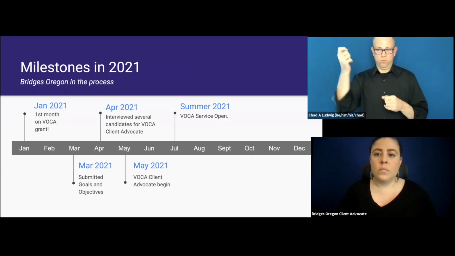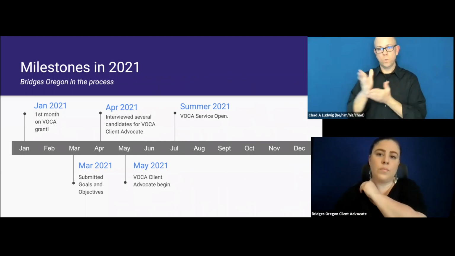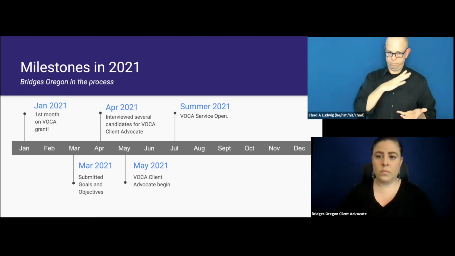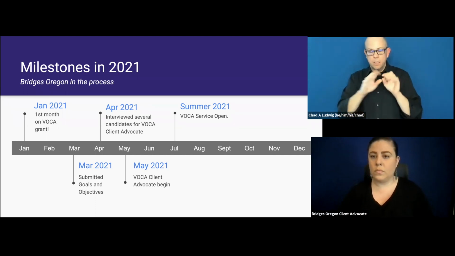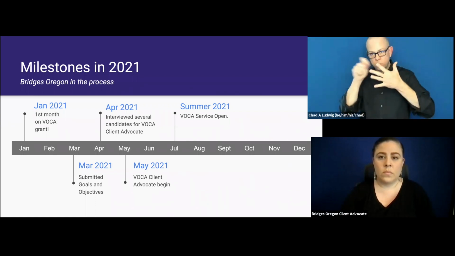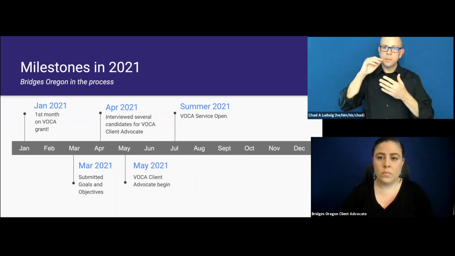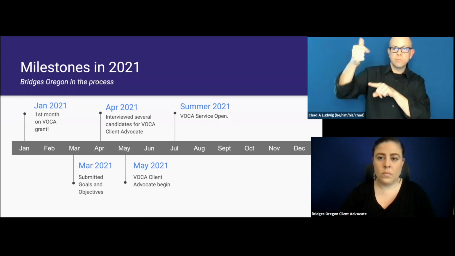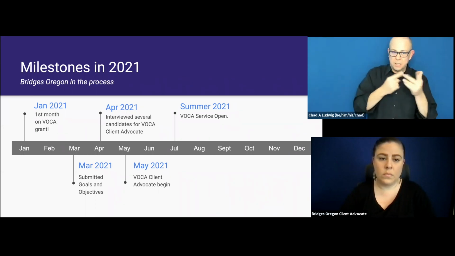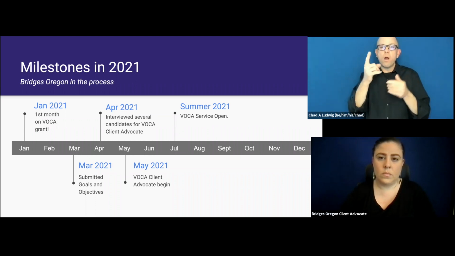We have a timeline here, and this is our grant timeline through VOCA. Started in January, we received funding, and we've been moving along. Basically, I have gone through this training process and have to complete a variety of different trainings in order to qualify for receiving the money. And they require me to do different things as I go throughout the process.